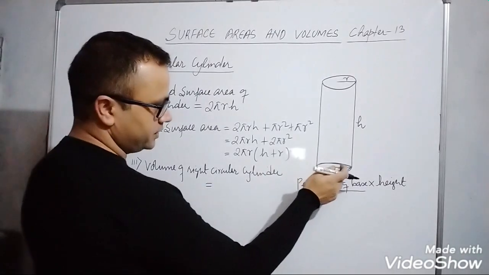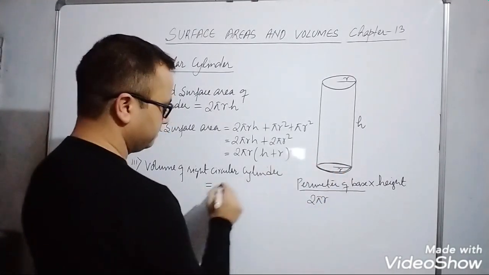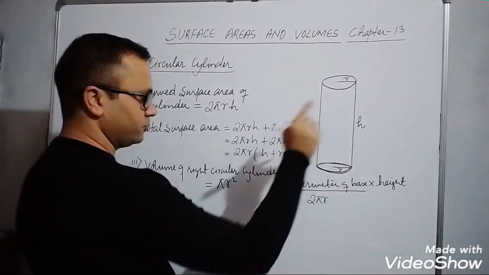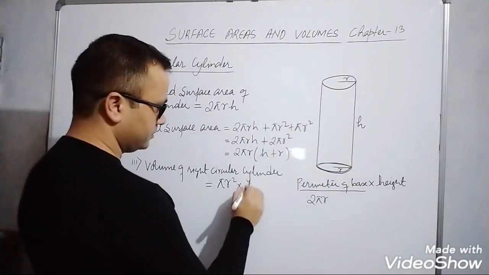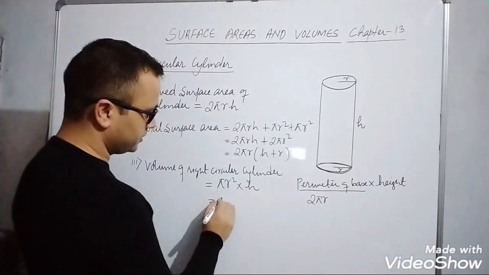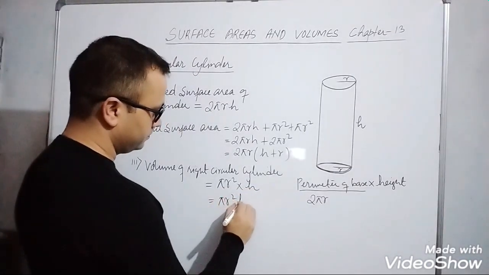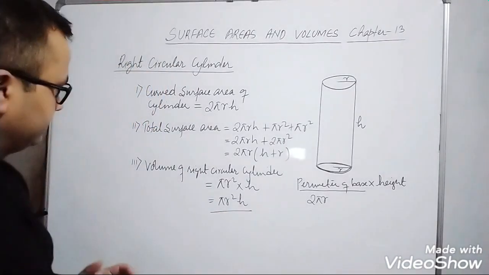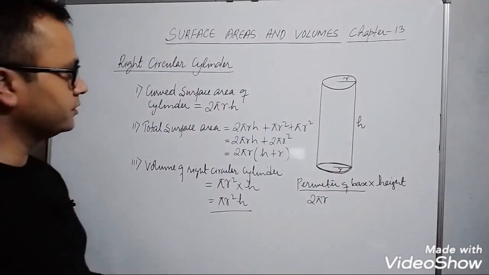What is the area of a circle? The formula is pi r square. Now we have to multiply with height, so into h, this gives pi r square h. Now this is the case of the right circular cylinder.